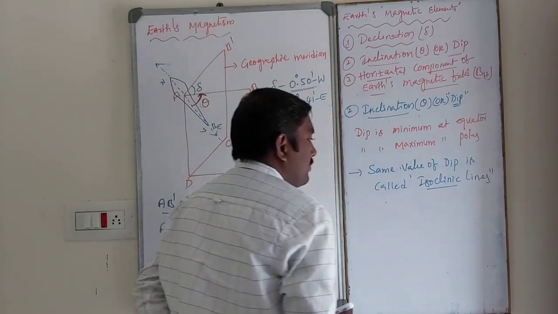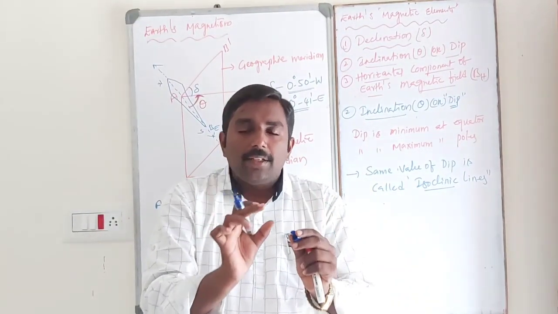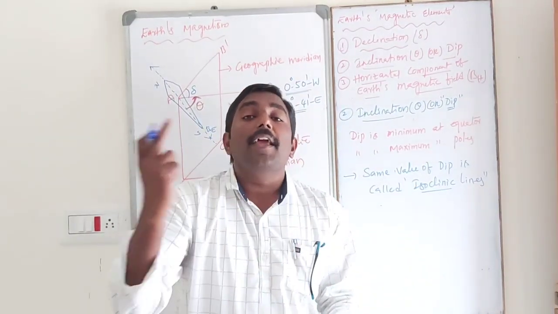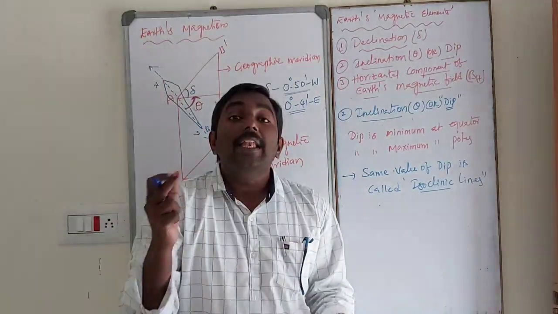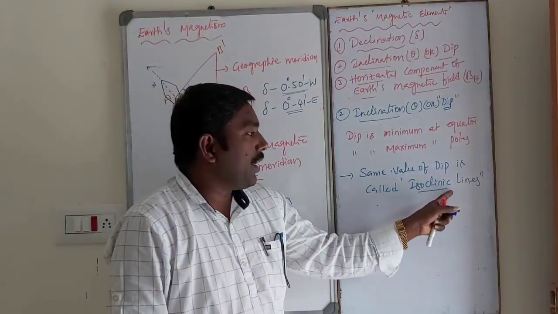Isoclinic line అంటారు. See, once again, a line drawn on the world map which is passing through the same value of inclination is called isoclinic line.